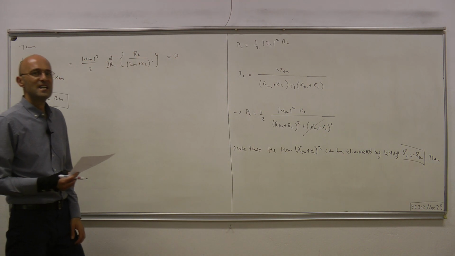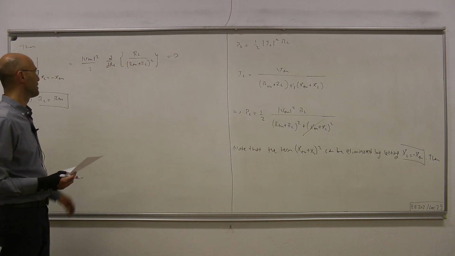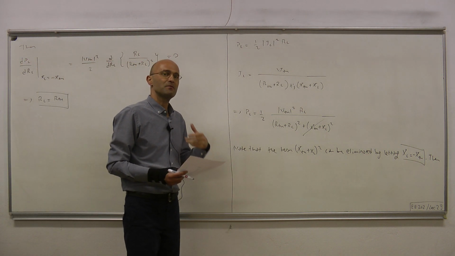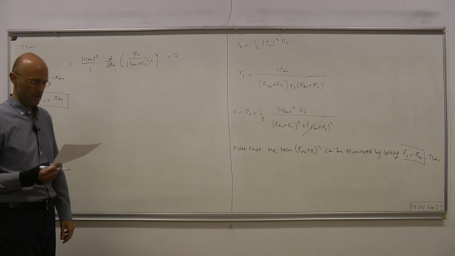Those two statements can be combined into the following very simple statement. To maximize the power, choose the load impedance such that it equals the complex conjugate of the Thevenin impedance.